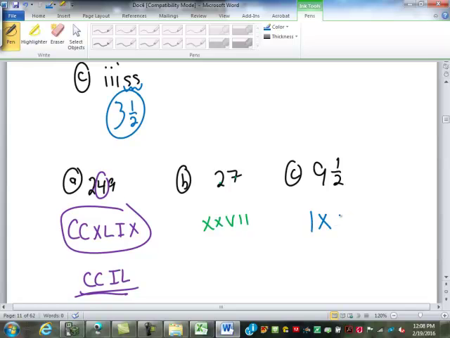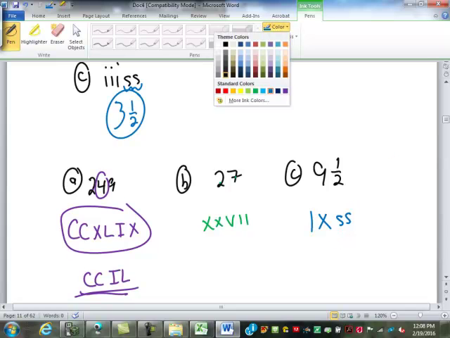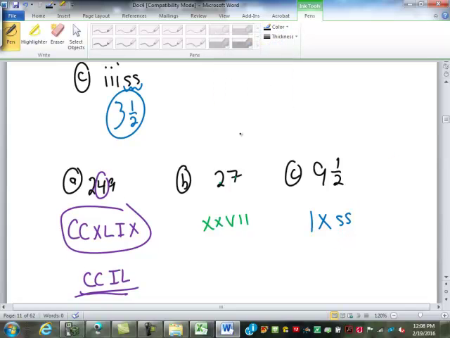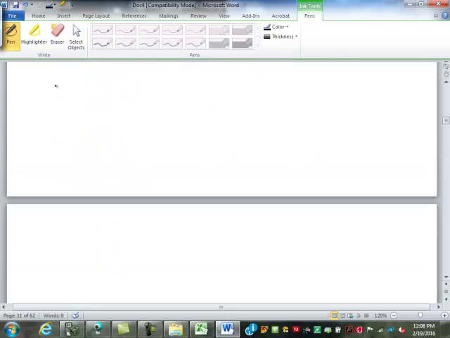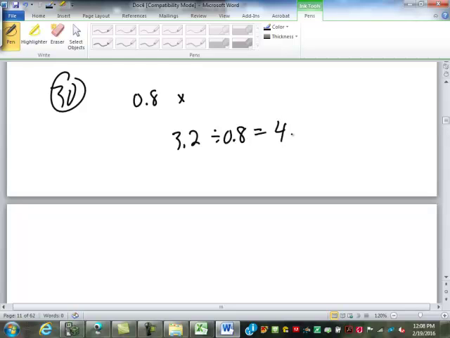So IX, and 1/2 is SS. So IXSS. Next, 30. Patient's temperature is rising at 0.8 degrees per hour. How long will it take for his temperature to rise 3.2 degrees? So 3.2 divided by 0.8 is 4 hours.